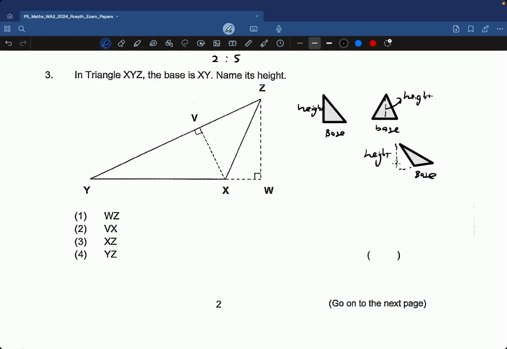The dotted lines show it is perpendicular. In this case, all are perpendicular. So now we know that in this case, XY is the base.